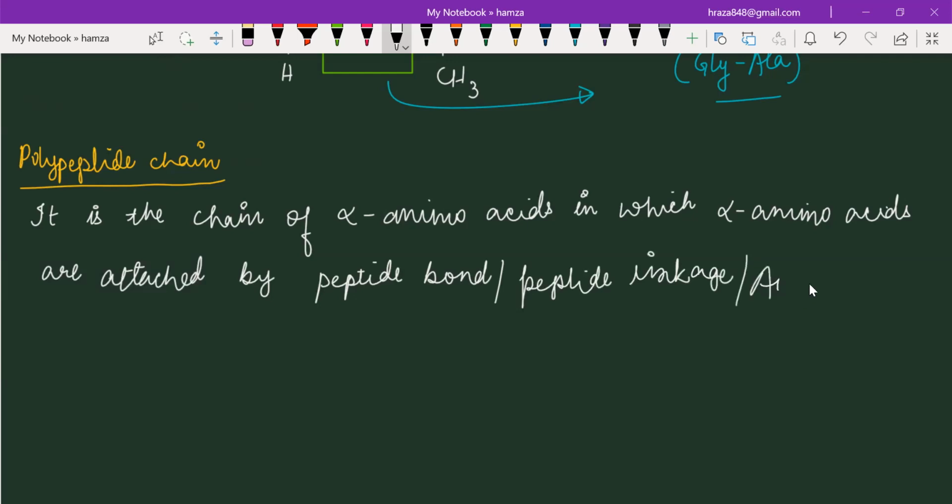So basically, we are talking about this C double bond O and N. Is right.